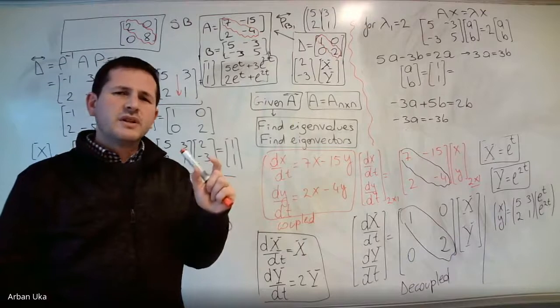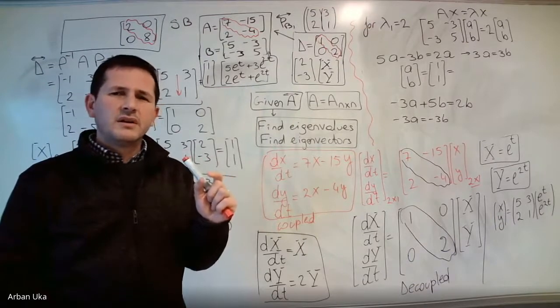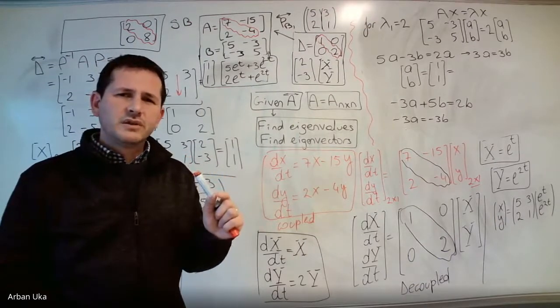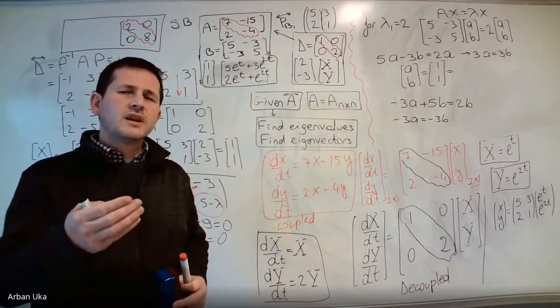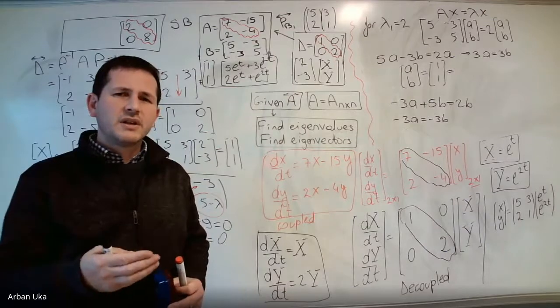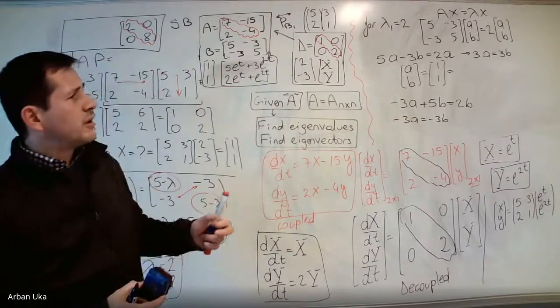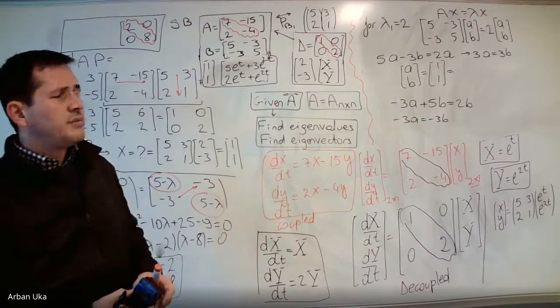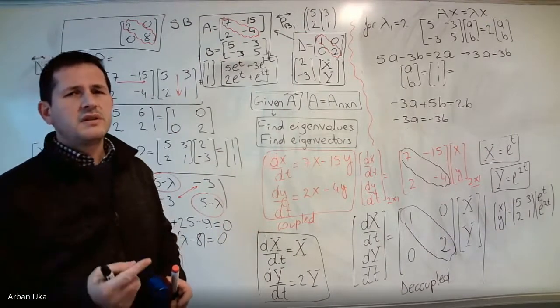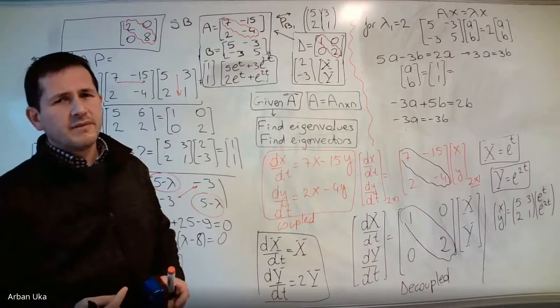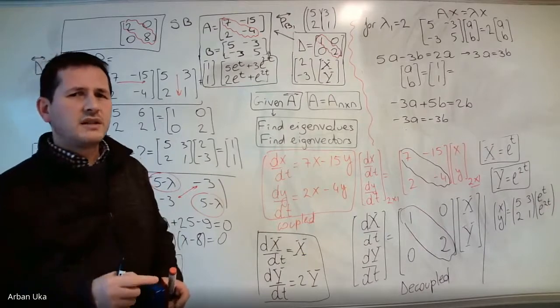If we have a 3 by 3 matrix, one row will be 0, which means we can get a rank 2 matrix out of the 3 by 3 matrix. This is a 2 by 2 matrix, the rank is 1, that means we have only one equation, which means we have one free variable, which means that the dimension of the null space for a specific lambda is equal to 1.